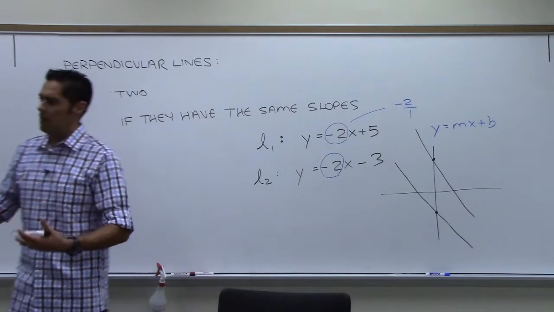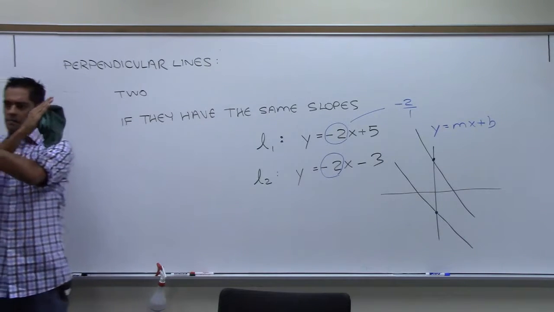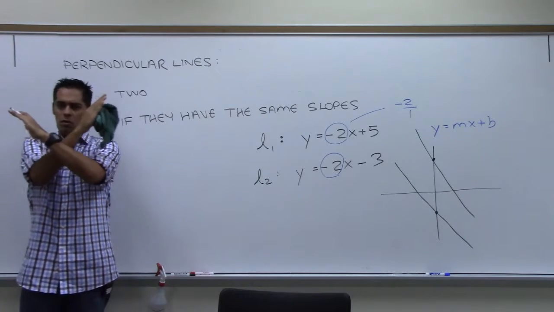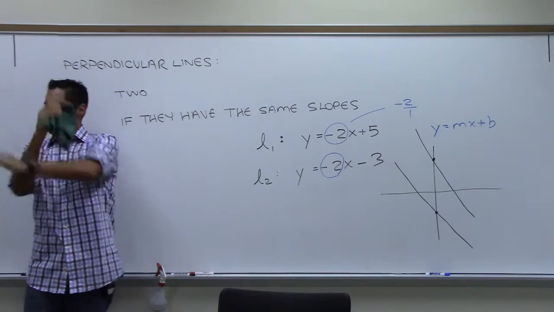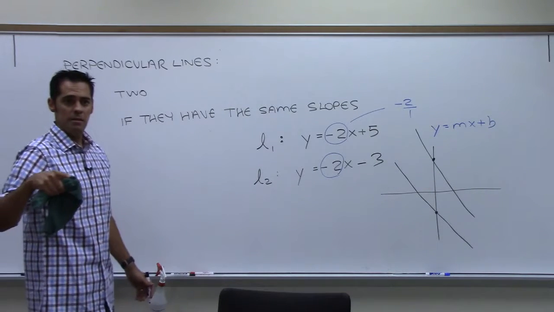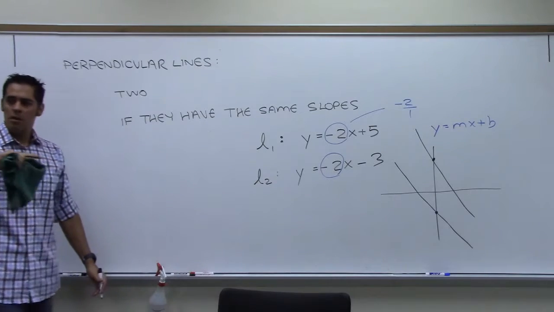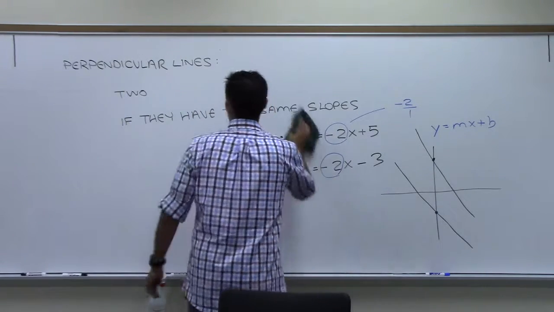Same slope, parallel. Well, with perpendicular, we're thinking of two lines that hit at a perfect 90-degree angle, but it can be tilted, right? How are their slopes related to each other? Reciprocal and negative. So they're opposite in signs, and they're reciprocals of one another.